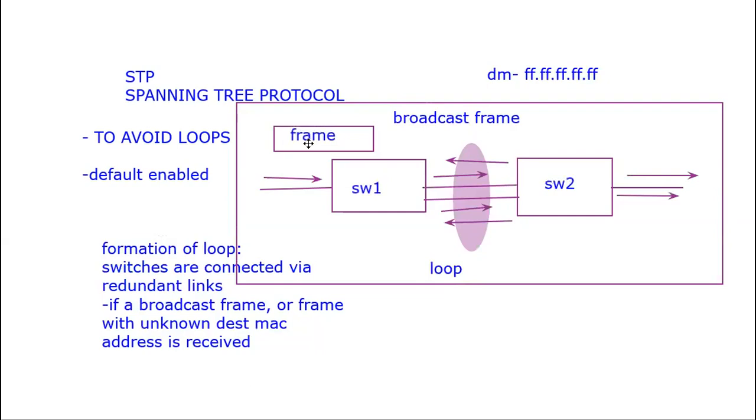So at a time, only one link is active between the switches. Even if you connect the switches with 2, 3, 4, or 10 links, only one link will be up at a time and the rest will be in the standby state. That is what STP does, so that loops are avoided. So redundancy is there. If the active link goes down, one of the standby links will come up. So there is redundancy, but only one link is up at a time.